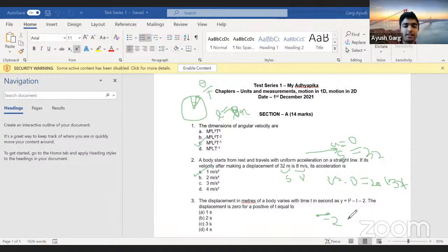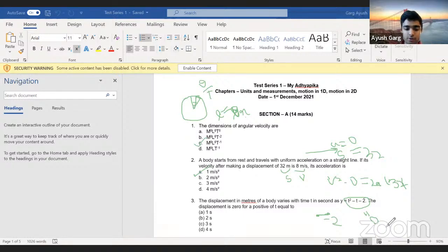So they are saying, when is your displacement 0 for a positive t? So all you have to do is equate this displacement to 0. So you have to put this thing equal to 0. That's it. And whatever the value of t is, that is your answer.